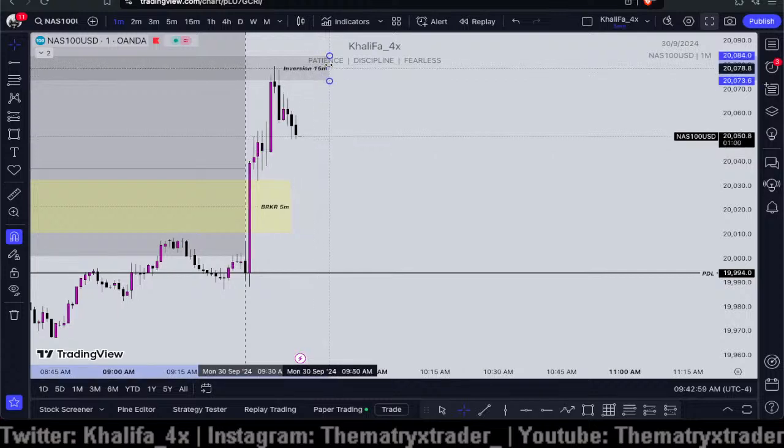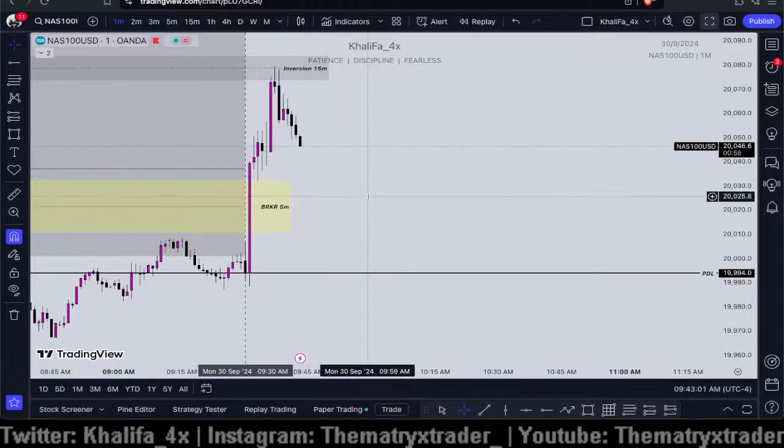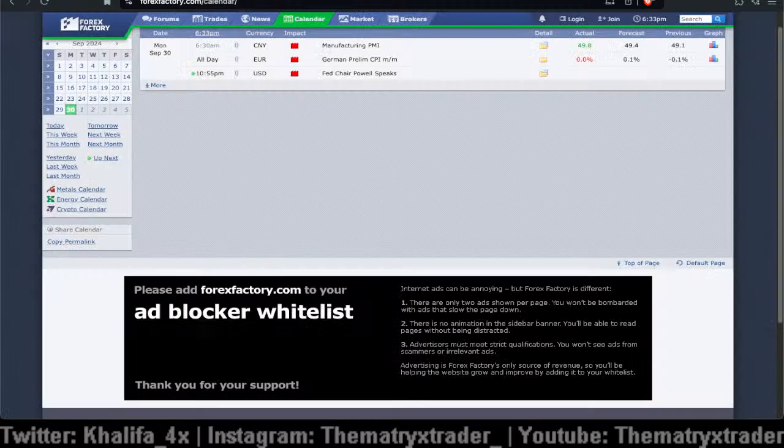I will look for entry in the macros, folks, so that at least we will have some kind of confirmation for the macro. If we do so, then we'll look for entry. Okay.